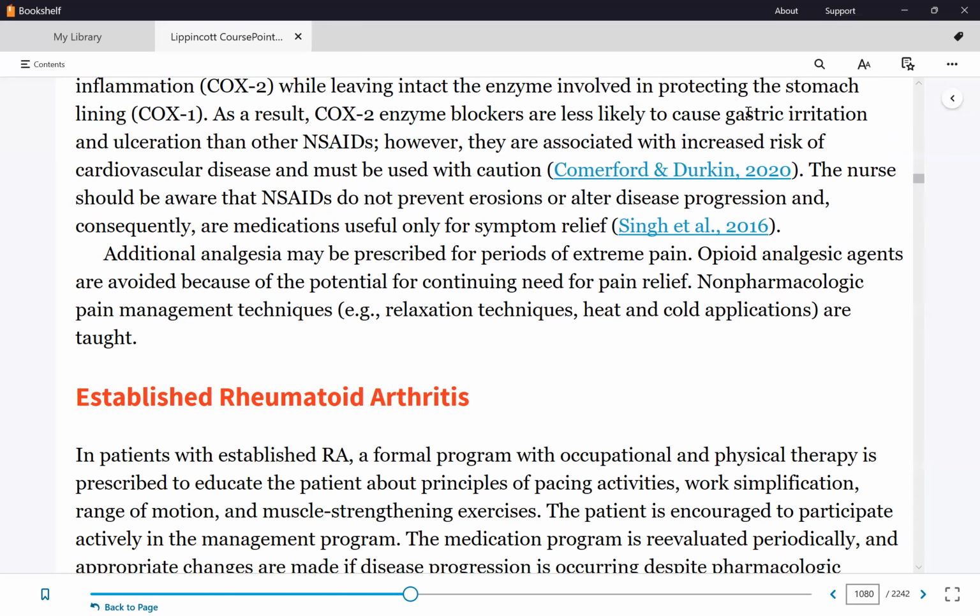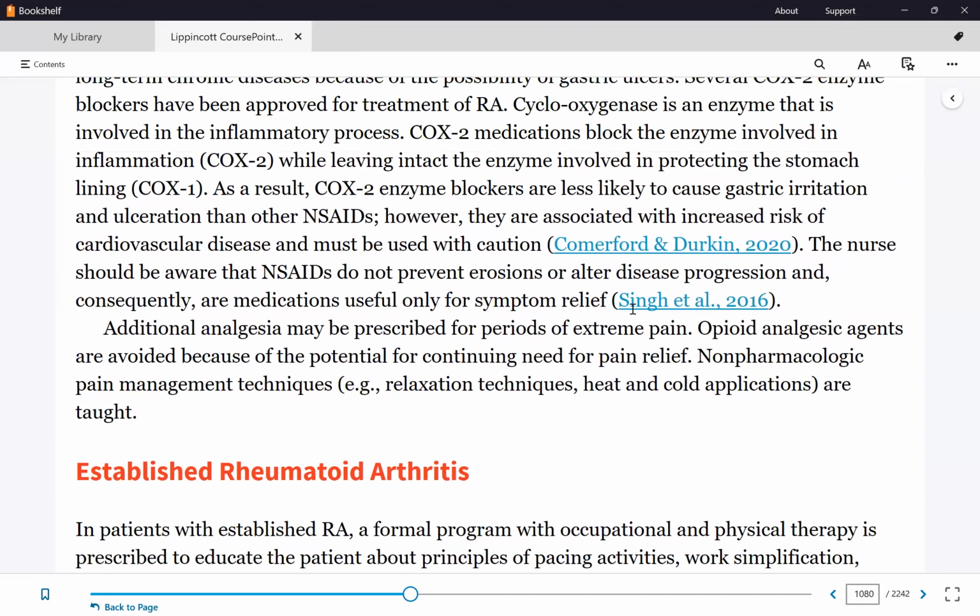Please take note in your teachings here, nurse should be aware that NSAIDs do not prevent erosions. And then again, opioids, here's the rationale. Opioids overall are not beneficial.